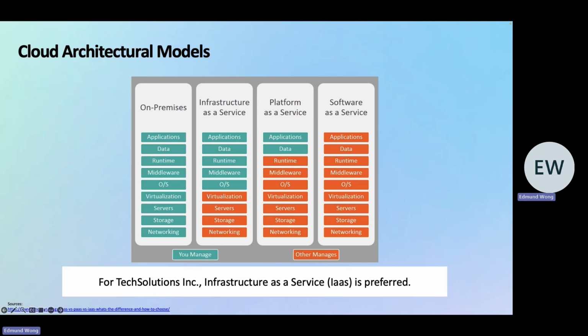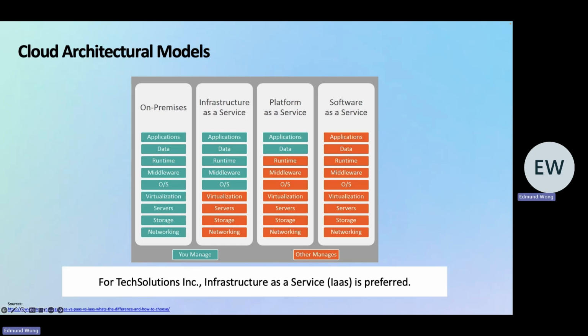So, based on the assessment of tech solutions, we believe that the infrastructure as a service would benefit them because you will simply delegate some of the infrastructure, such as virtualization, servers, storage, and networking, to the cloud provider and still have control of those application data, runtime, middleware, and OS within for them.